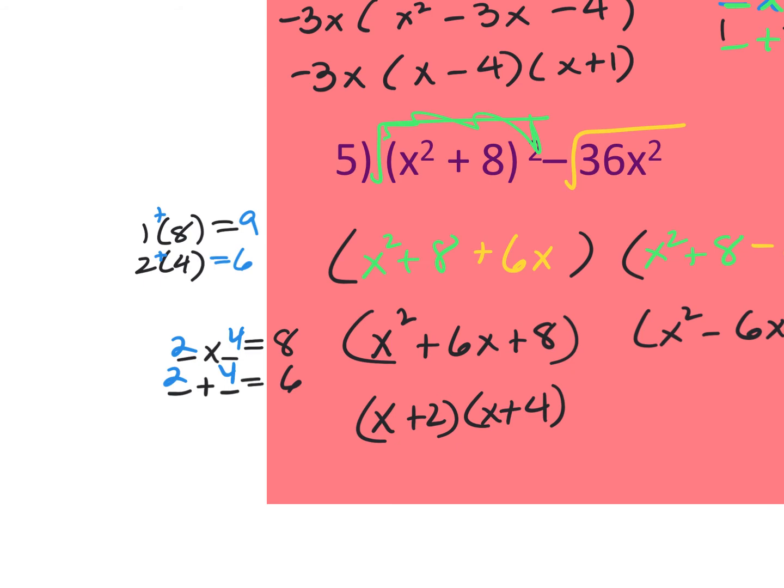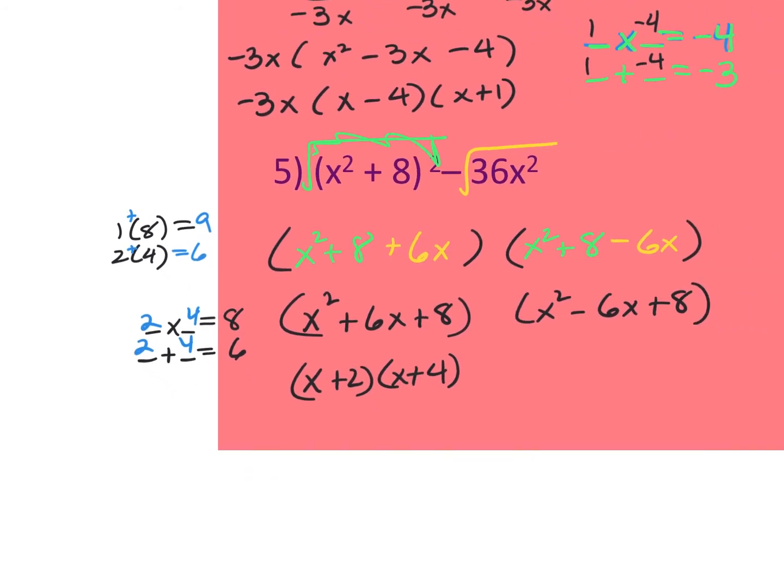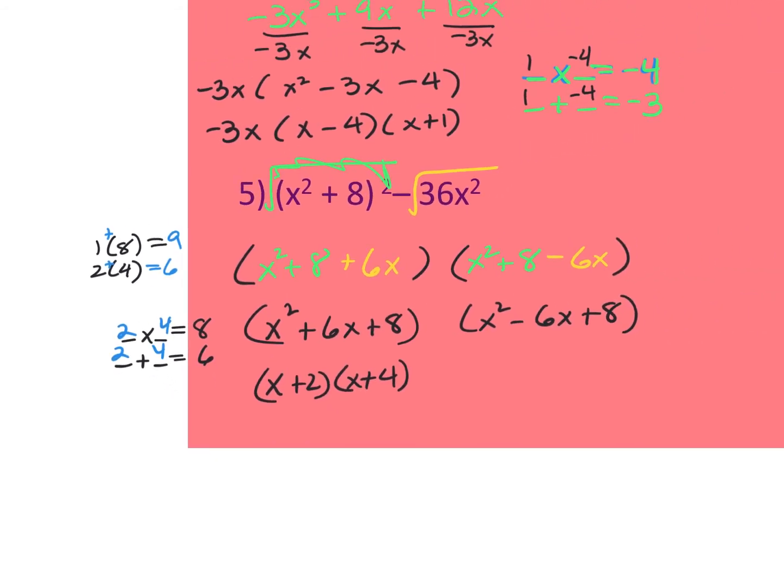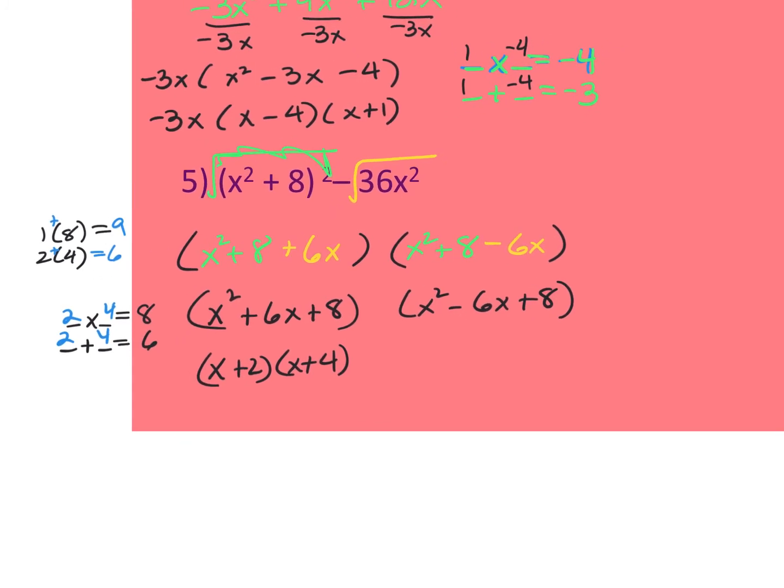Now I also need to do the other trinomial, but notice my middle term is negative. So again, two numbers that are going to multiply to give me the positive 8, but who will add to give me negative 6. Notice when the last number is positive, the signs are the same, and they're both going to have the sign of the middle. So negative 1 times negative 8 gives you positive 8, but when you add them, it gives you negative 9.